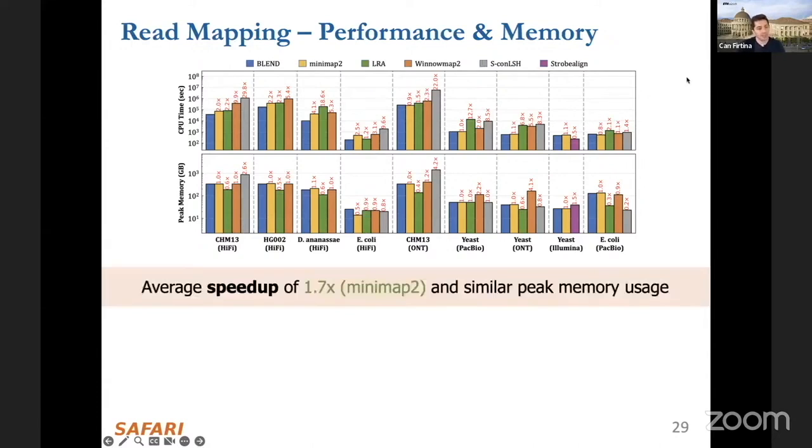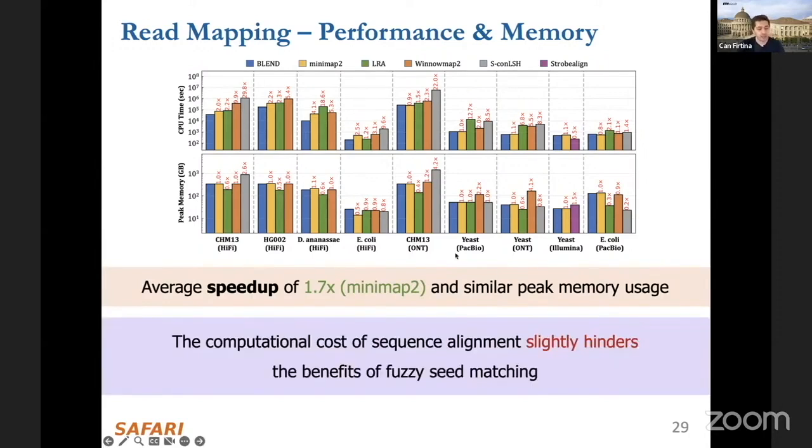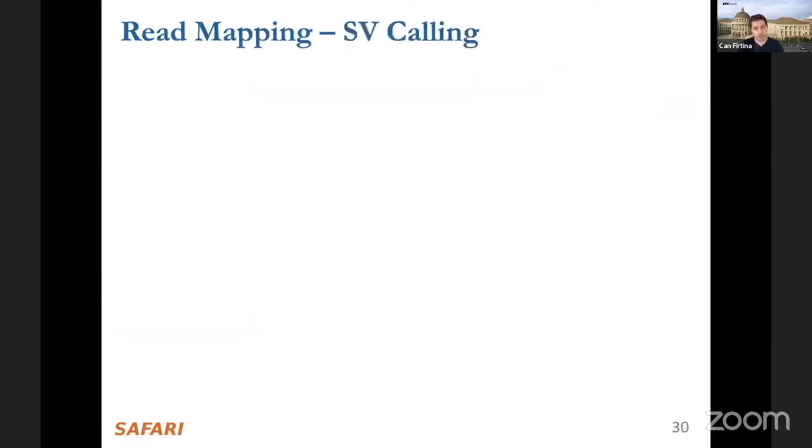What we see is that BLEND provides an average speedup of 1.7x compared to Minimap2, and a similar peak memory usage across all datasets, not necessarily on the HiFi dataset. The computational cost of sequence alignment slightly hinders the benefits of fuzzy seed matching, because sequence alignment is also a very costly step in genome analysis.